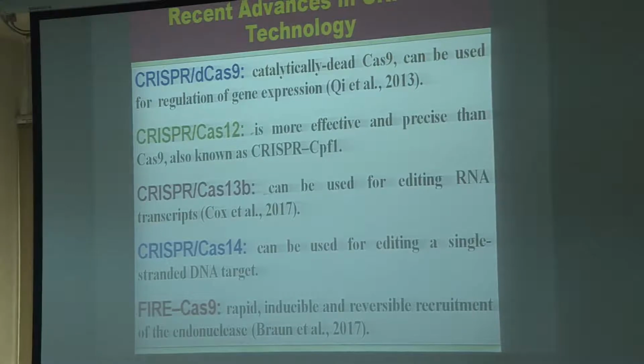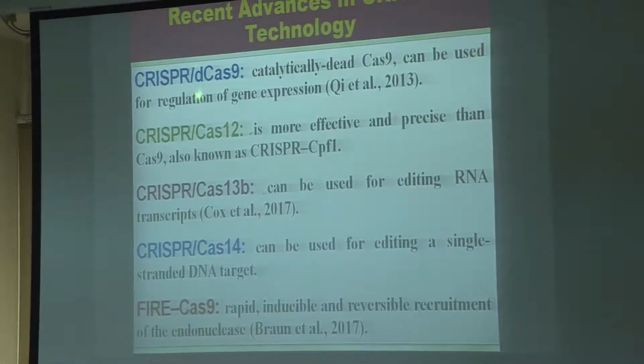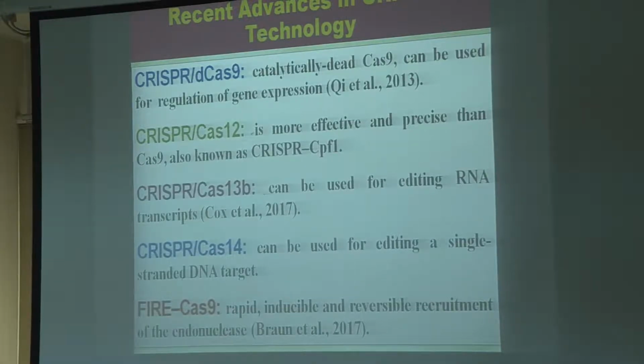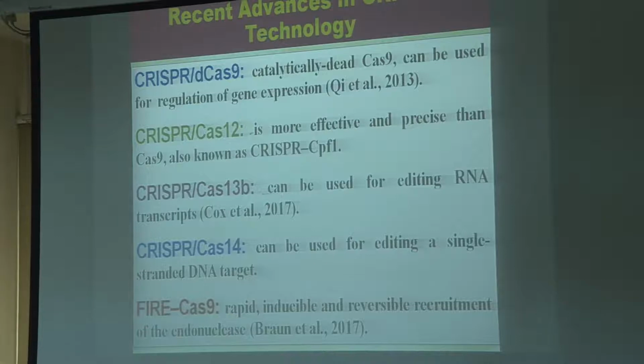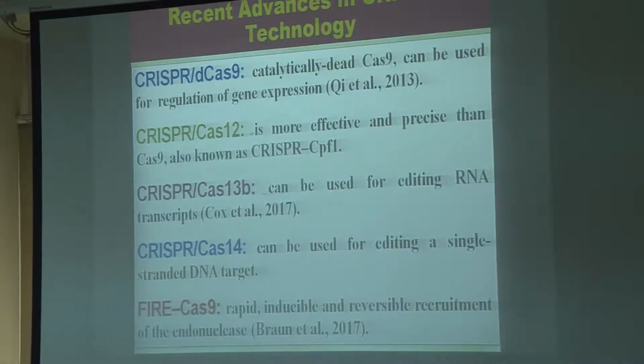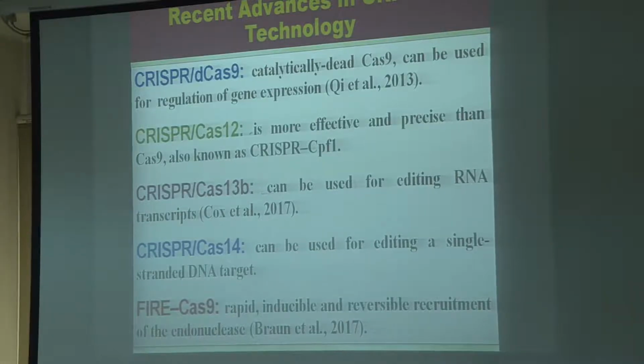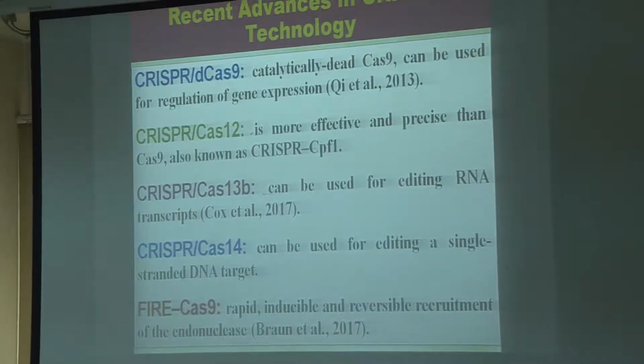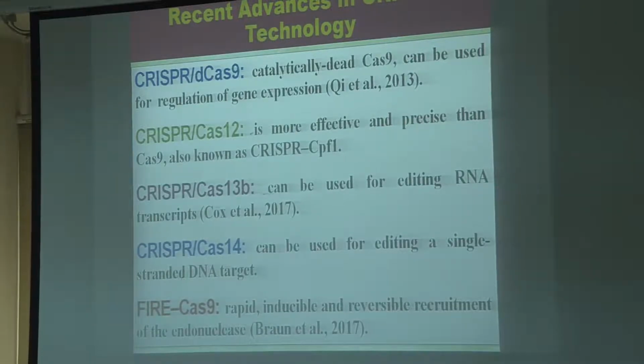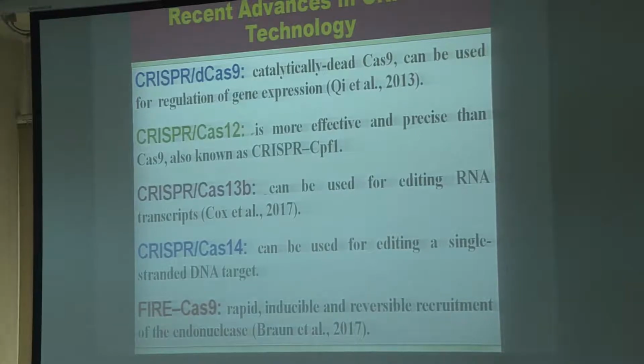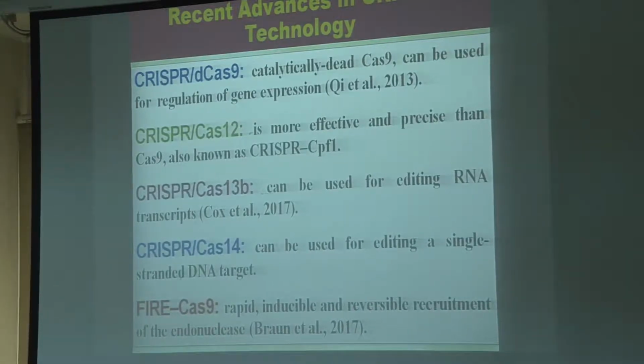Nuclease activity. If you remove nuclease activity, what will happen? The guide RNA will go and identify the place where to bind, but the nuclease is not able to make a cut. You can replace the nuclease with any other enzyme, and what type of enzyme that will be, we are going to see after seeing epigenetic and epigenome editing.